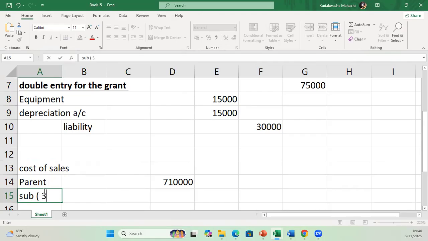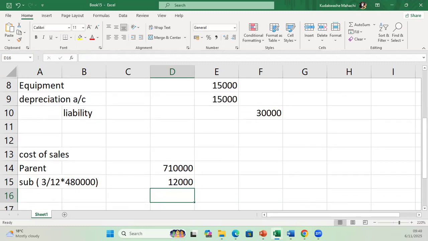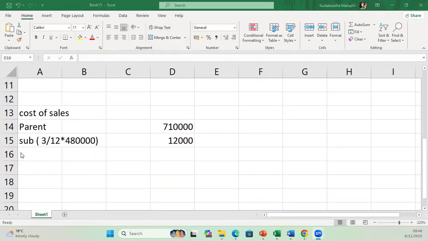So for the subsidiary, how many months after acquisition? 3 out of 12 times how much were the subsidiary's, 80,000? Then less intra-group sales.